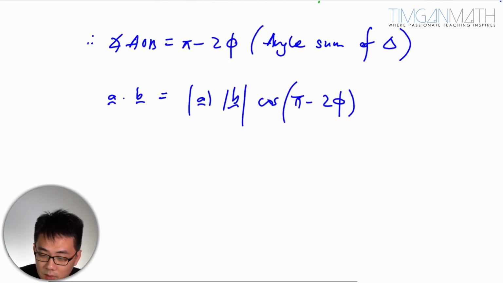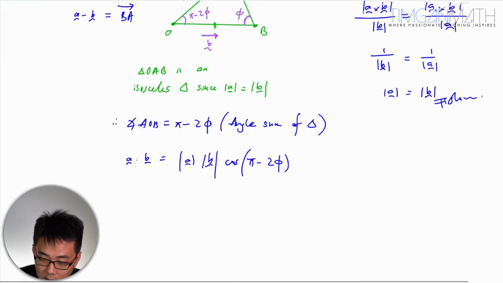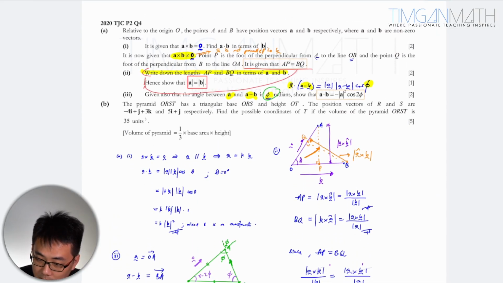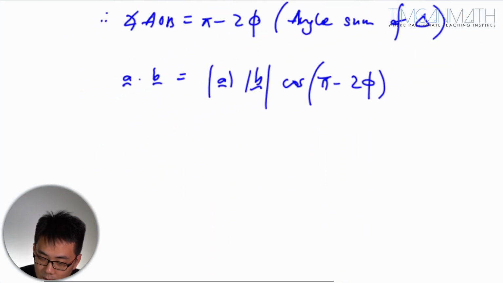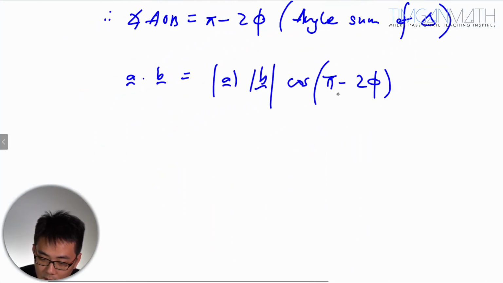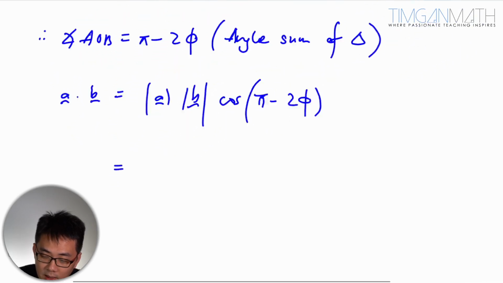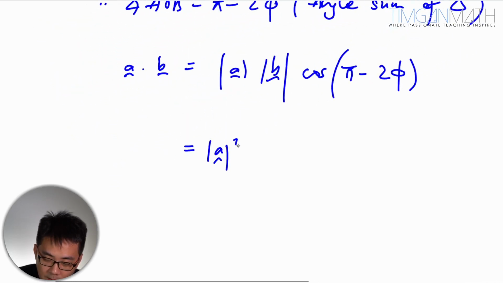Cosine pi minus 2 phi would be in the second quadrant, so this will be negative cosine 2 phi. Anyway, mod A is equal to mod B, so this will be mod A squared.